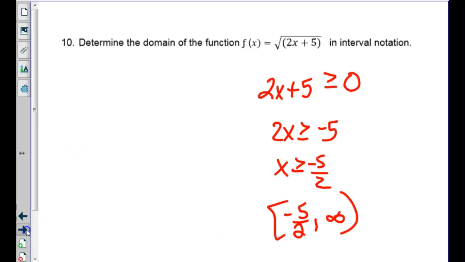I know I'm going fast, but that's the only way we're going to get through all this. Because when I put negative 5 halves in here and multiply it, I get negative 5 plus 5 is 0. Okay.